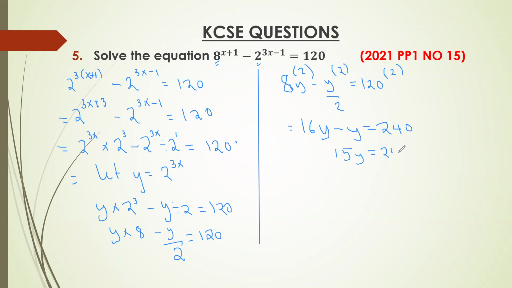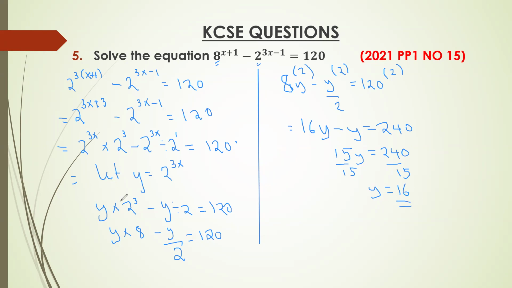Divided by 15, divided by 15. y equal to 9 if I'm correct. Sorry, 19 I think. 240 divided by 15, 15 times 6 or 16. So y equal to 16.